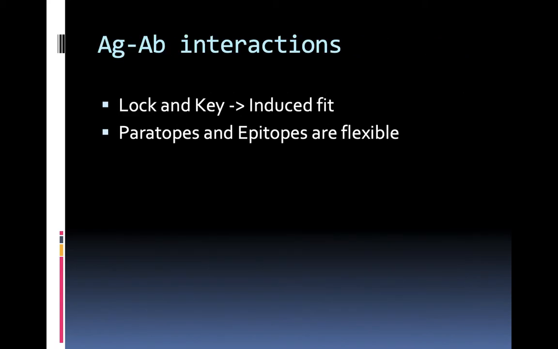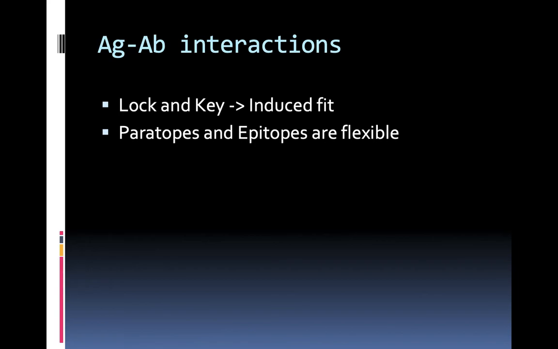Okay. Early on in the study, perspectives on antigen antibody interactions have actually changed over time. Our understanding of how antigens and antibodies interact with one another has really evolved. Initially, it was believed that antigen antibody interactions are described as lock and key systems.